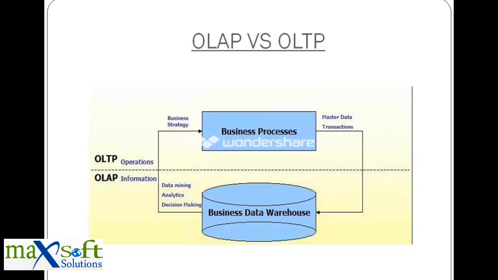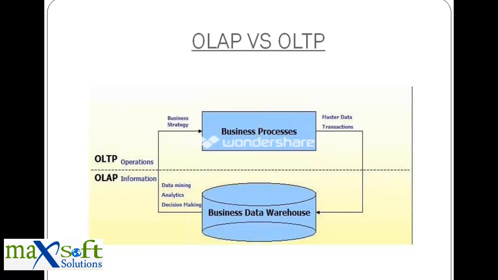The entry would be the item you bought and the quantity you bought. That goes into your transactional system, which is nothing but the OLTP system. So your SAP, your ERP systems, your HR systems keep recording data, which is used for keying in data for operations purposes.